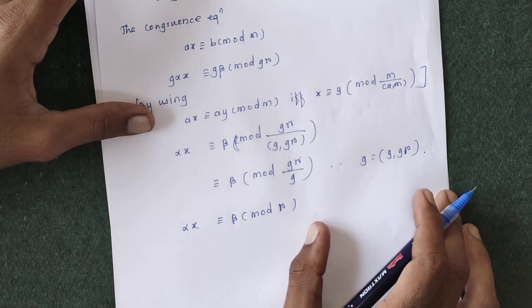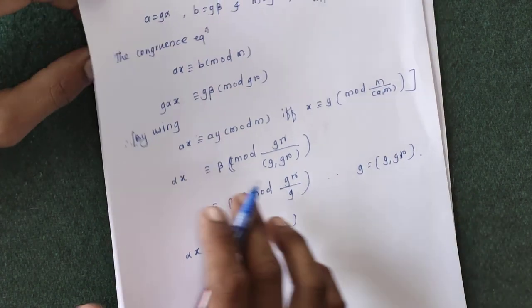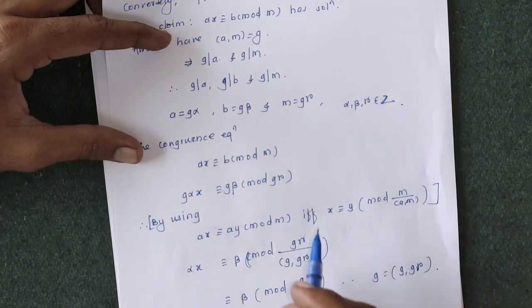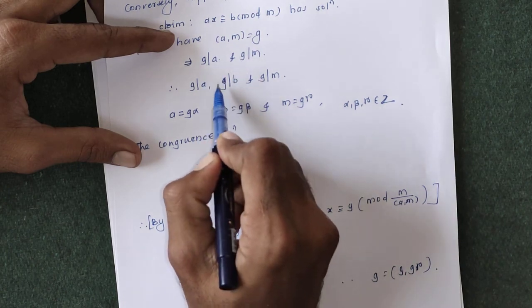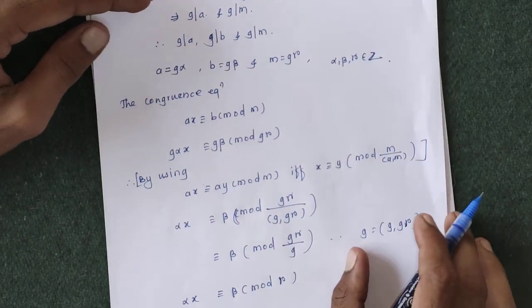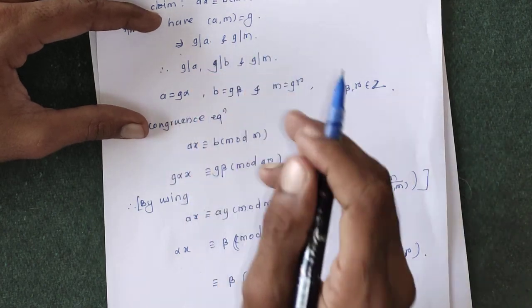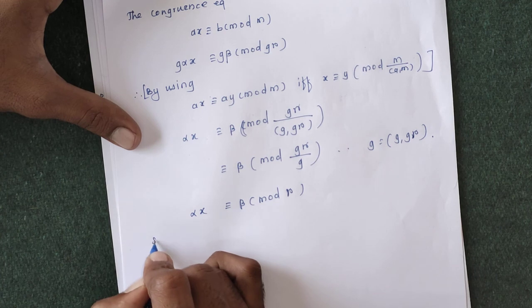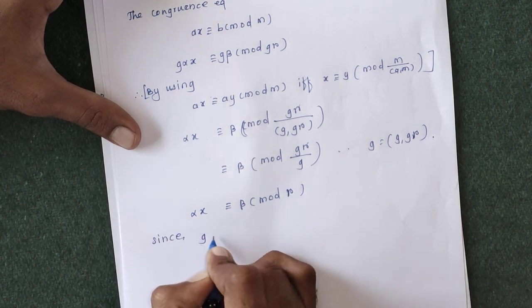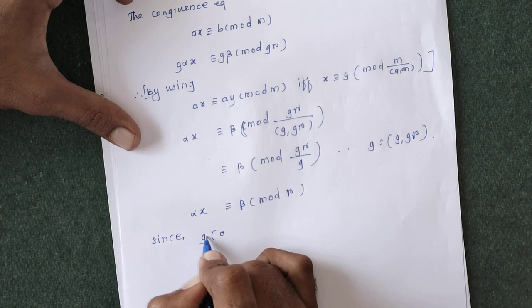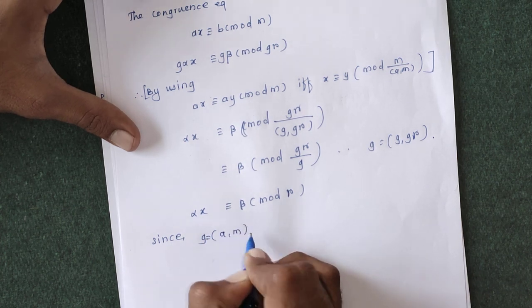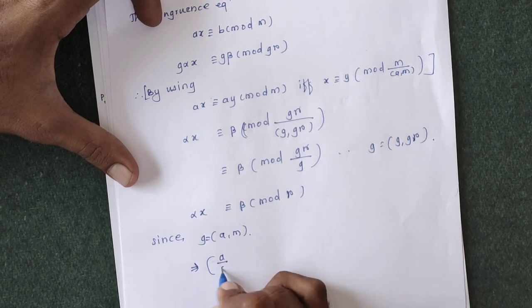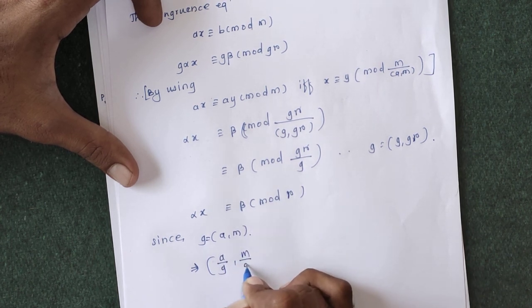We have given GCD of A and M is equal to 1, and another thing that we have supposed is G divides B. Up to this step we have just used G divides B and the GCD of A and M is equal to G. We are again going to use that GCD of A and M is equal to G, since G is the GCD of A and M. So from this we can write GCD of A upon G and M upon G is 1.